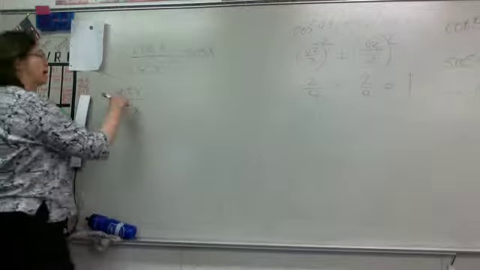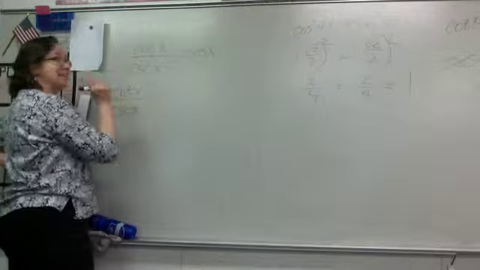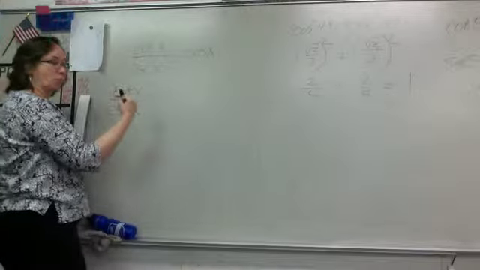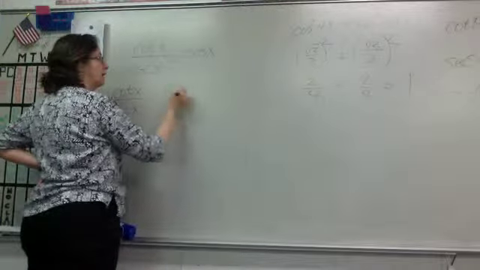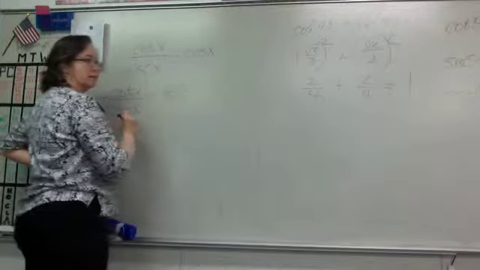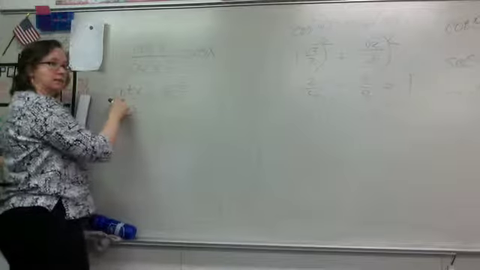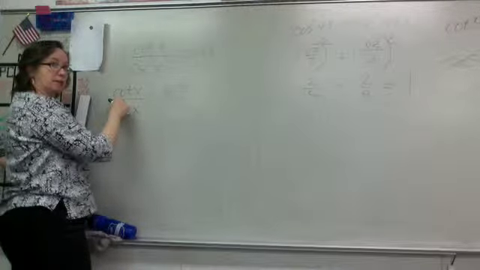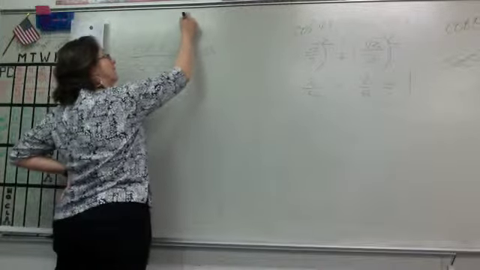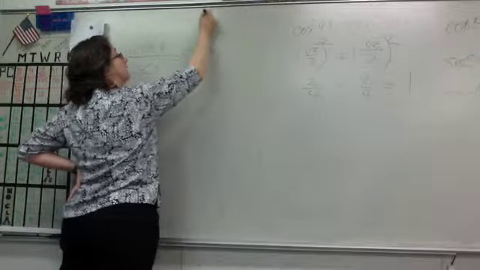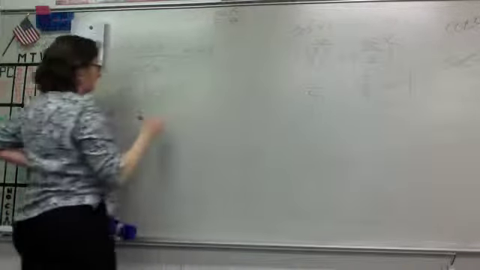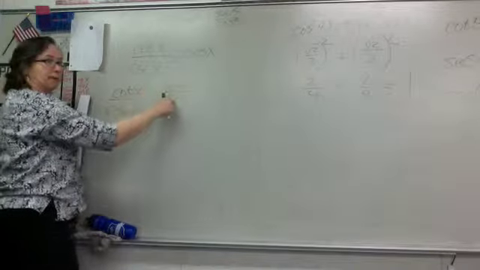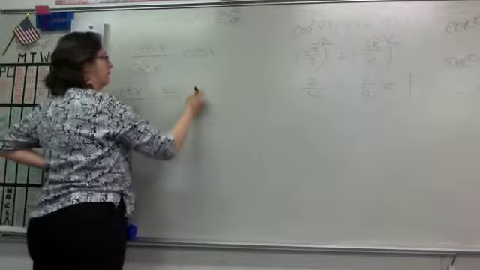If the tangent is the sine over the cosine, what is the cotangent? Isn't it the cosine over the sine? Would everybody agree? The cotangent is the flip of the tangent.